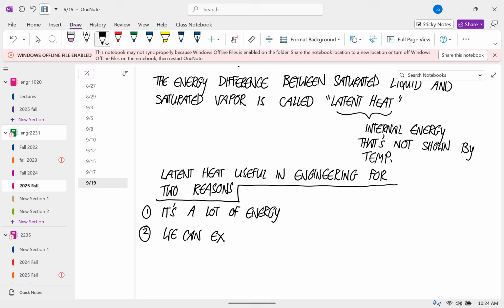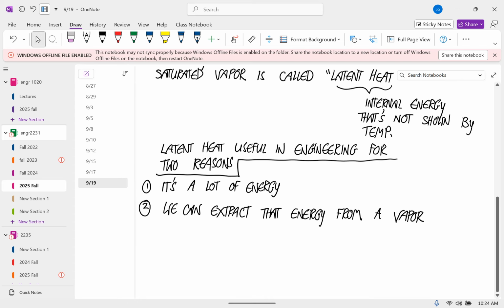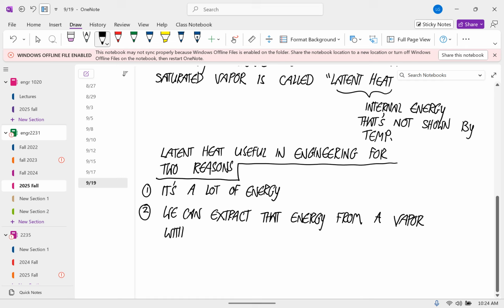We can extract that energy from a vapor without changing the temperature of the atmosphere, the environment, the surroundings. I'll say surroundings, without changing the temperature of the surroundings.